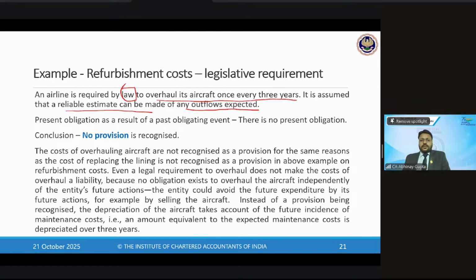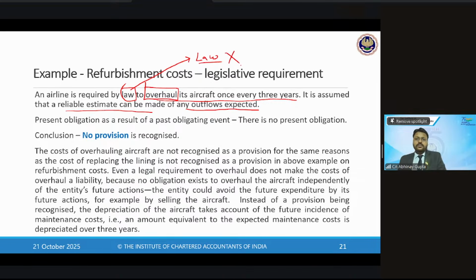What we need to do is this: the overall cost initially incurred was capitalized and depreciated over the 3 years. Again, after the 3-year period, the overall cost will be incurred and will again be capitalized. Correct? Correct, yes.